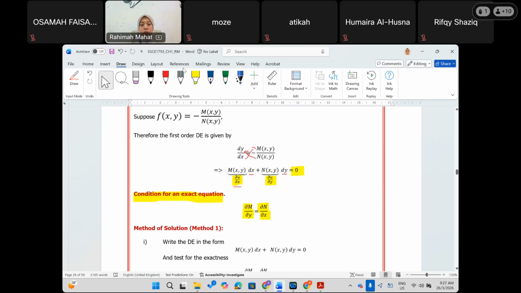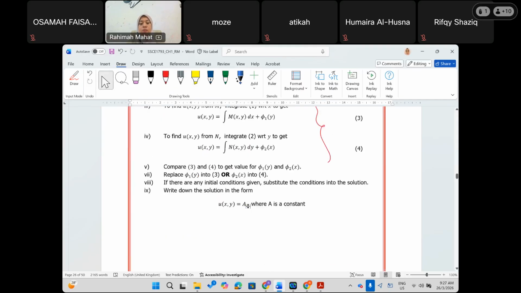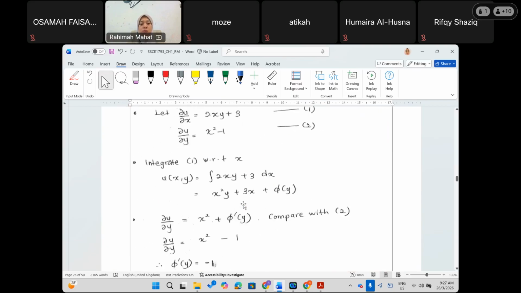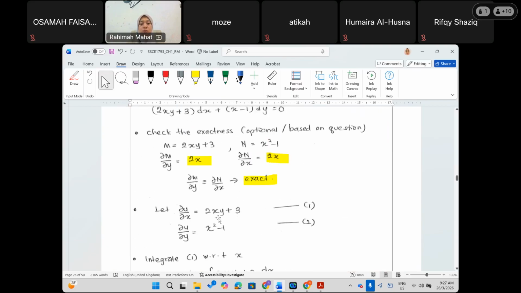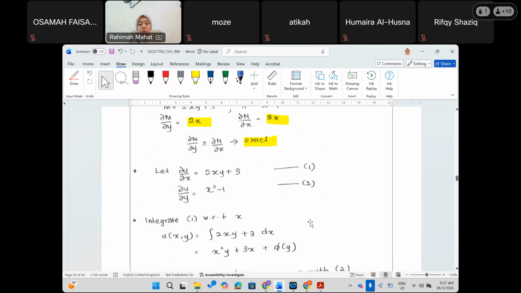You let this be ∂u/∂x, and this be ∂u/∂y. So ∂u/∂x is equal to 2xy plus 3, and ∂u/∂y is equal to x squared minus 1. This is your equation 1 and equation 2.